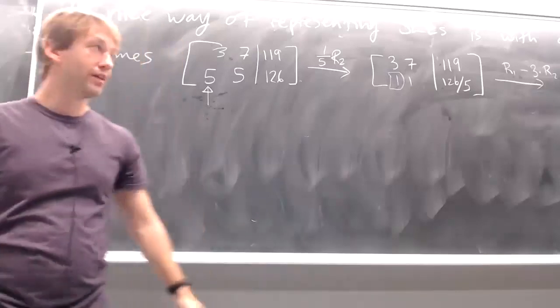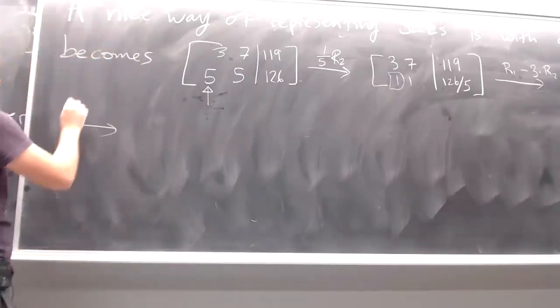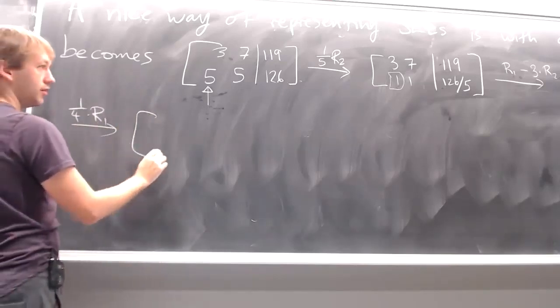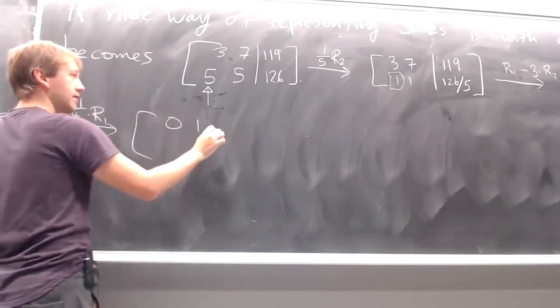I can switch them. So I'm going to take a quarter times row 1, which does this.